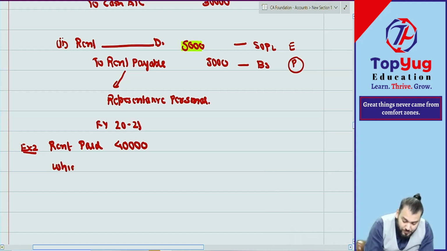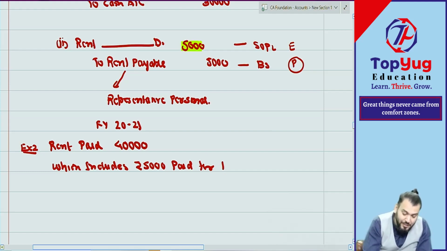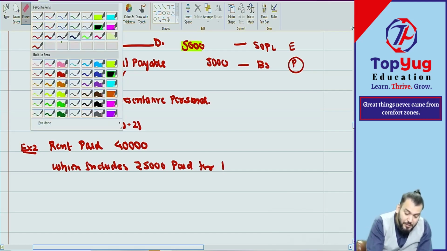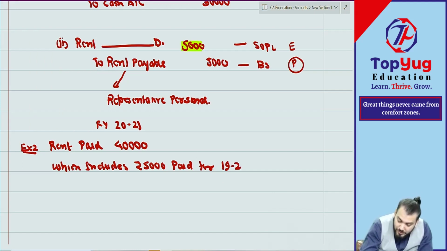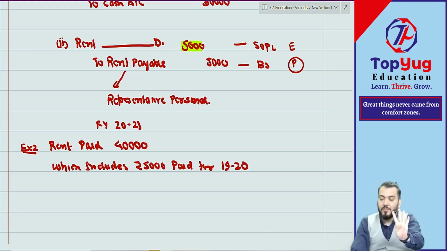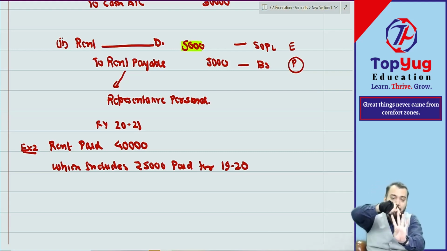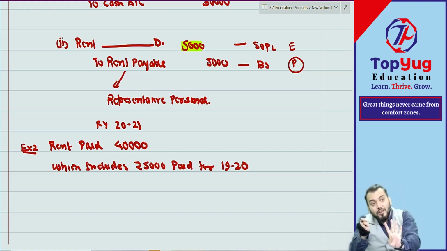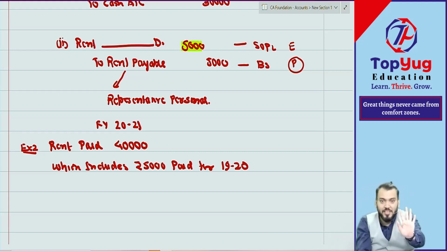This 40,000 includes rupees 5,000 paid for 1920. Means in current year 2021 you have paid 40,000, but this 40,000 includes some payment of rent of previous year. Correct? Yes, sir.